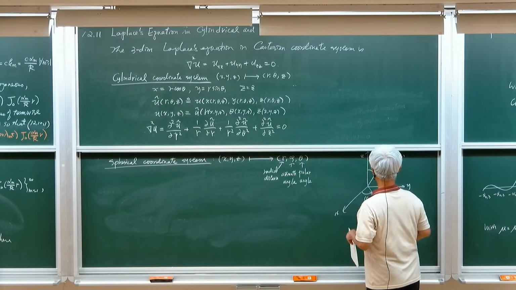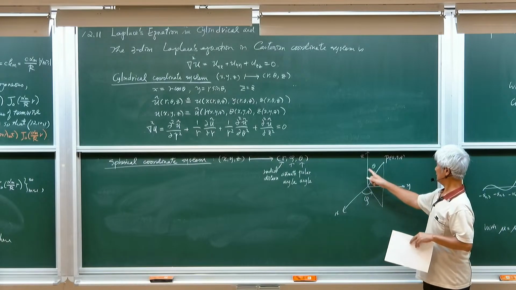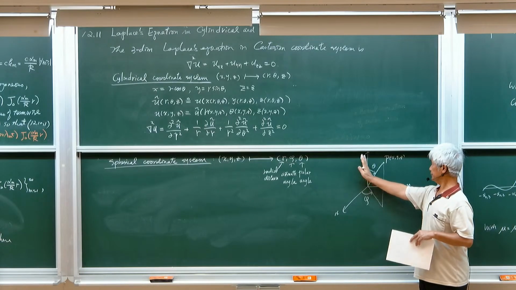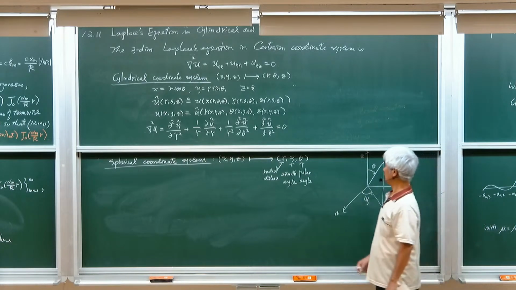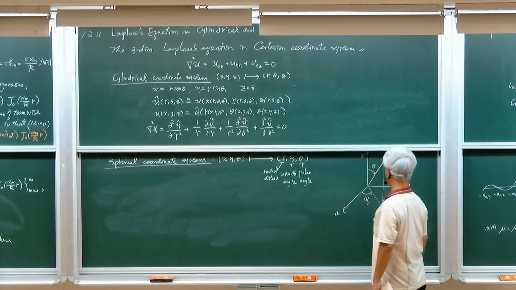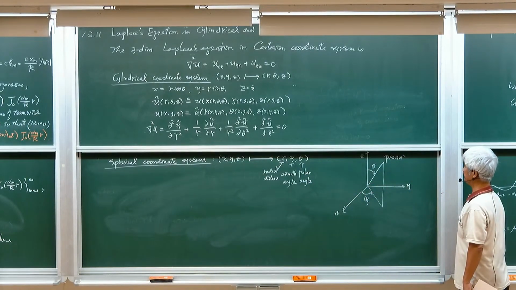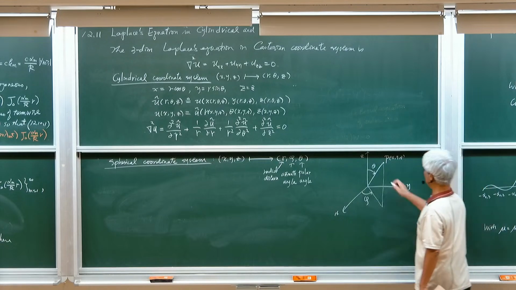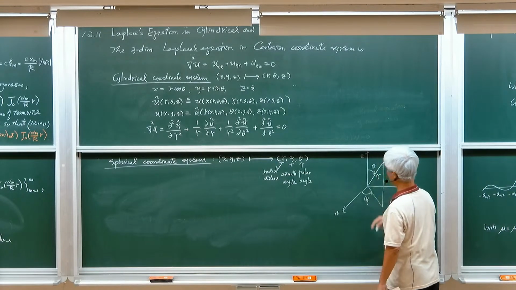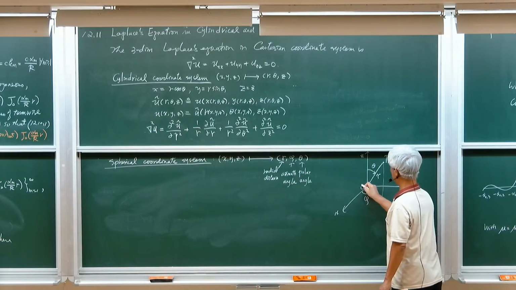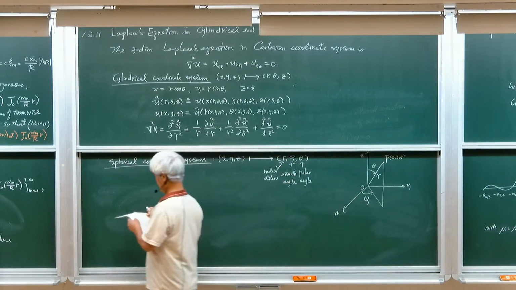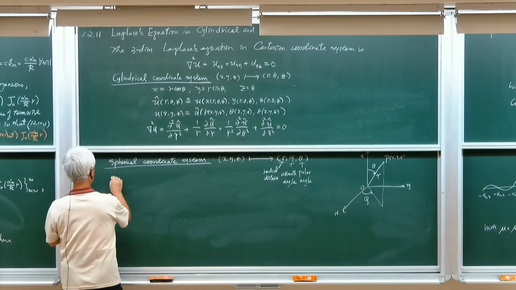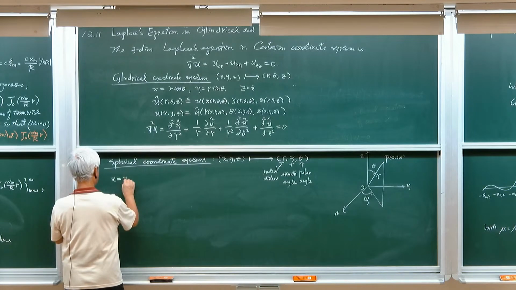The polar angle is counted from the z-axis to there. And this is r, the radial distance from the origin to the point P here. So the coordinate transformation is r.